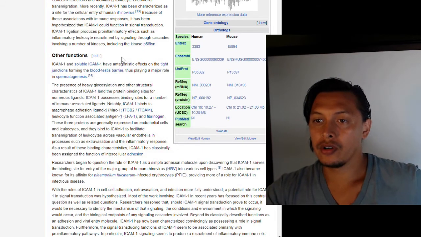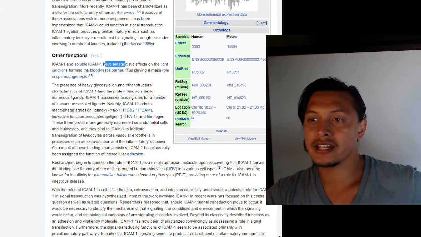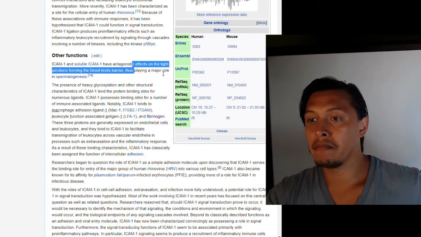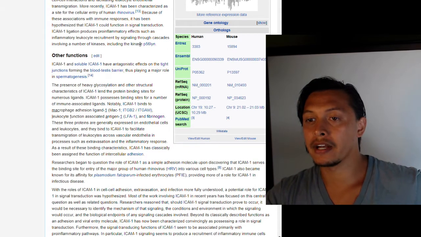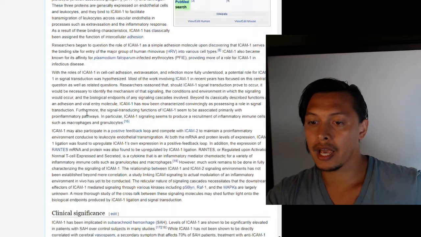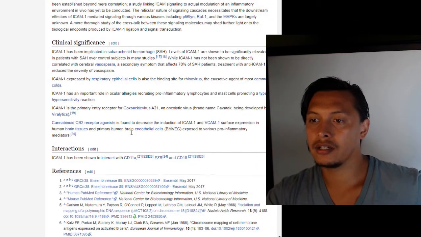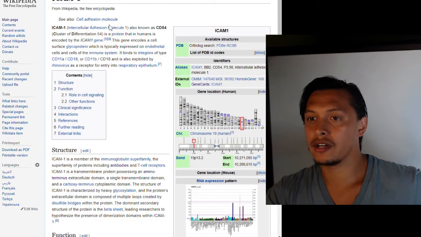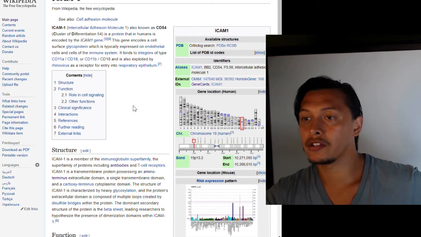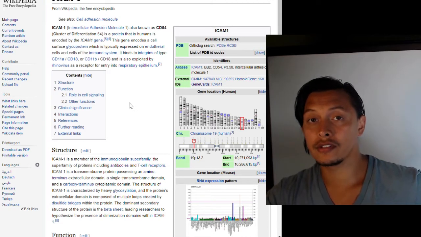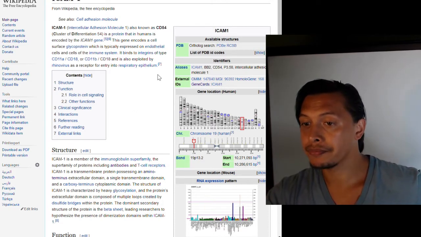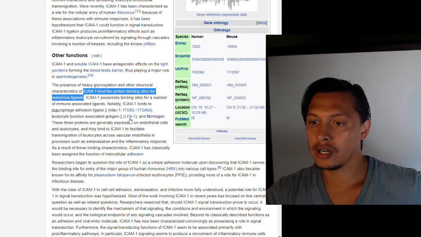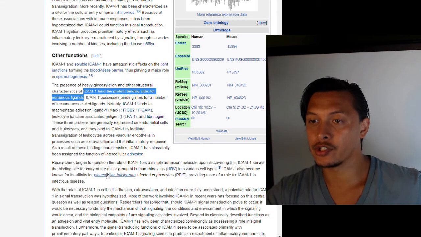ICAM and soluble ICAM also have an antagonistic effect on the tight junctions forming the blood-testes barrier, thus playing a major role in spermatogenesis. Okay, I'm not going to go too far on this. Just know that this is on the surface of some cells, and it promotes adhesion, and it promotes the leukocytes to move into or dig into the endothelium.